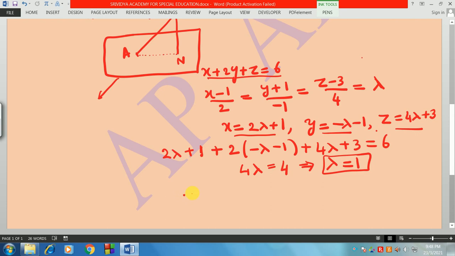Therefore A is 2 lambda + 1, that is 2 into 1 plus 1, which is 3; when you put lambda = 1, y becomes -2, and z is 4 into 1 plus 3, which is 7. So we got A = (3, -2, 7).